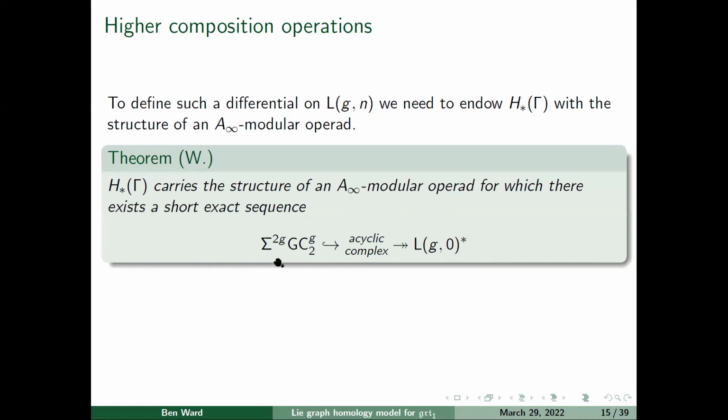Also the commutative, K-twisted variant of commutative graph complex in the Feynman transform terminology. And in between, there's some acyclic complex. This is just the case where n equals 0. We'll also look maybe at the case where n is not 0 later.